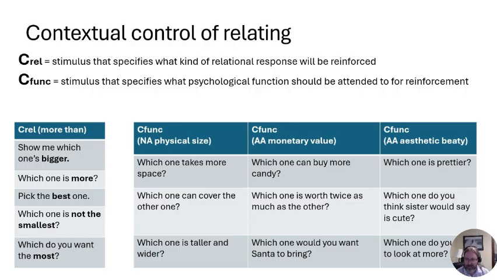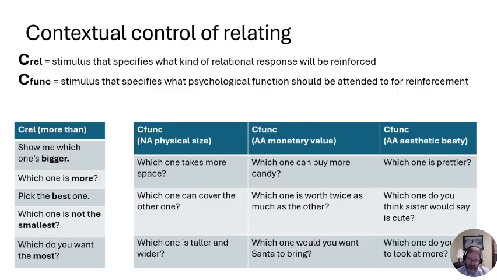And then we're also interested in specific kinds of functional properties. So when we ask which one is bigger in the case of the nickel versus the dime, in some ways we're being ambiguous, right? It's hard to know from that if the person means which one is physically bigger, or which one is bigger in terms of value.